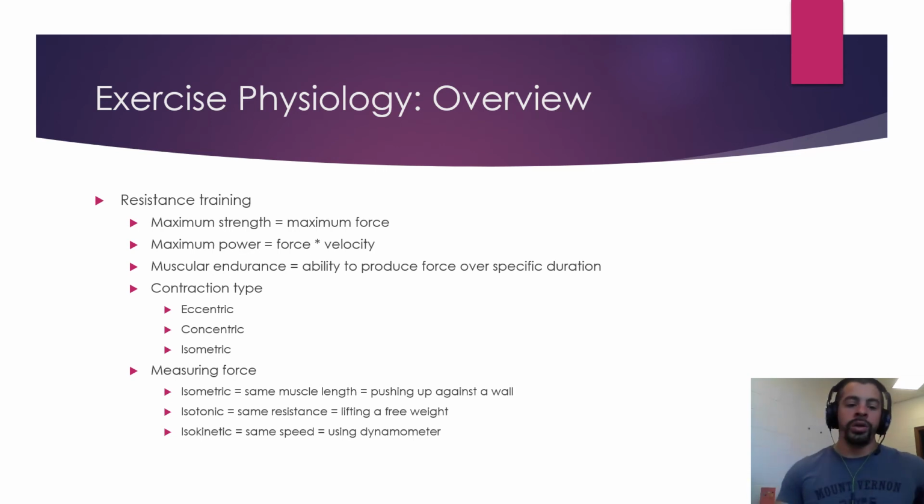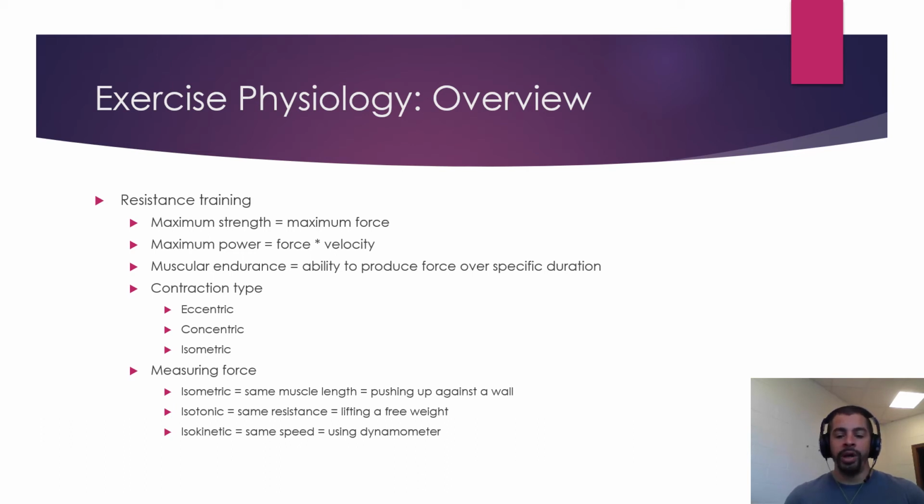All right, so how do we measure force? There are 3 ways to measure force, and this can be a little confusing. We could measure force isometrically, isotonically, and isokinetically. So isometric is just what I said: the muscle does not change length.